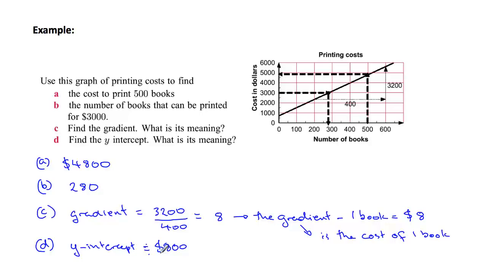So that's $800. What does it mean? It means to print 0 books. If you didn't print one book, to print no books at all, it would still cost you $800.